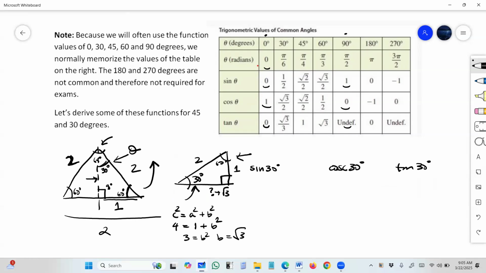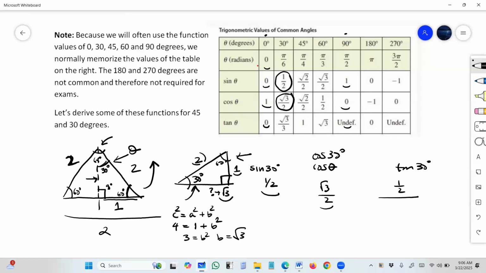Now I'm going to do sine of 30, which is opposite over hypotenuse. So 1/2. Sine of 30 is 1/2. I'm going to do cosine, not cosecant, but cosine. Cosine of 30: cosine is adjacent over hypotenuse. And then tangent of 30, which is sine over cosine.